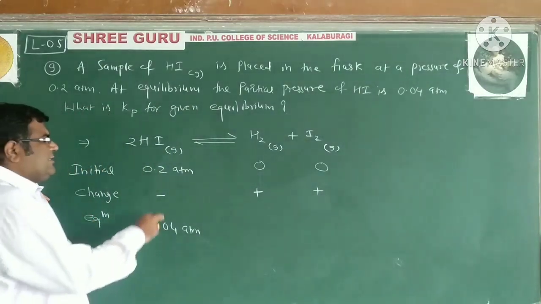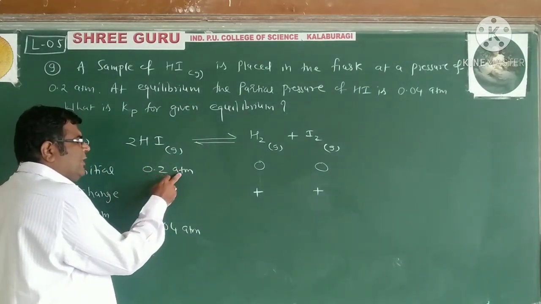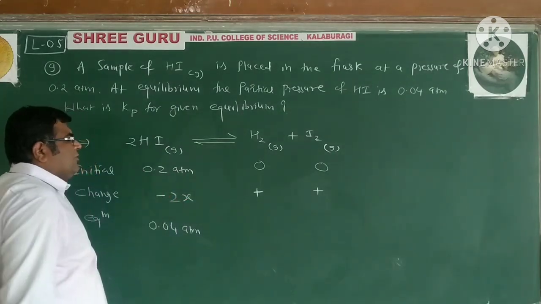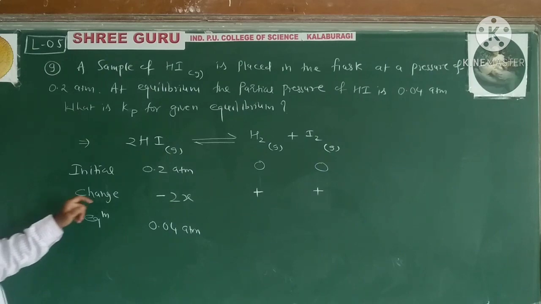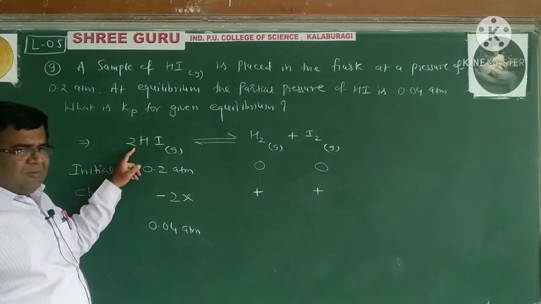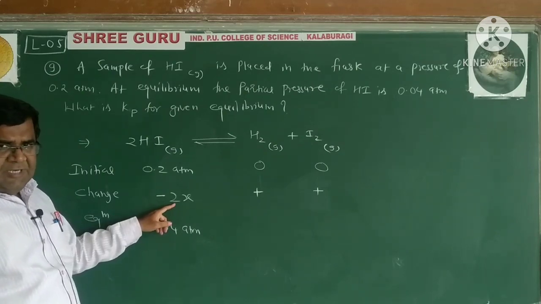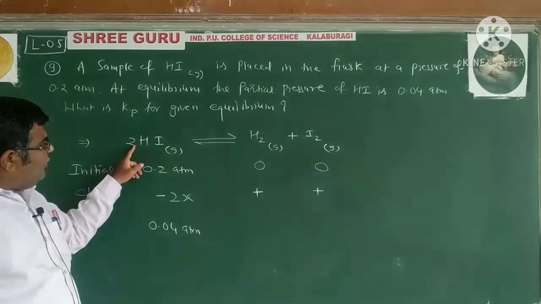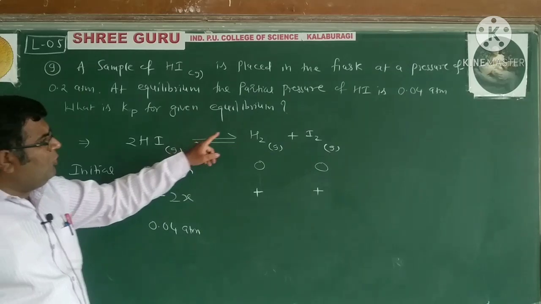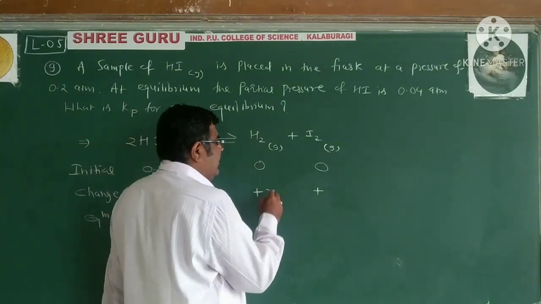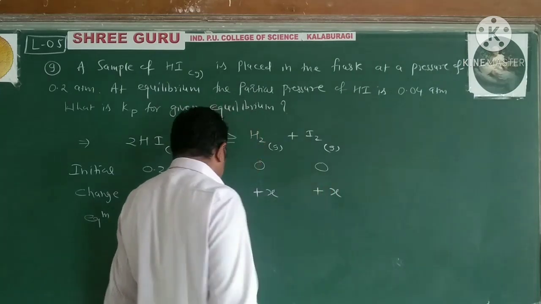Let us assume that 2x of the hydrogen iodide disappears. Why 2x? Because there are 2 moles. If it is 1 mole, we subtract only x; for 2 moles, it is 2x. For 1 mole, how much hydrogen will appear? Here it is x and here it is x.